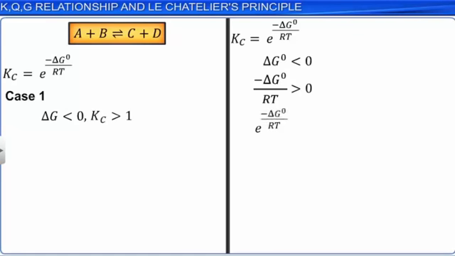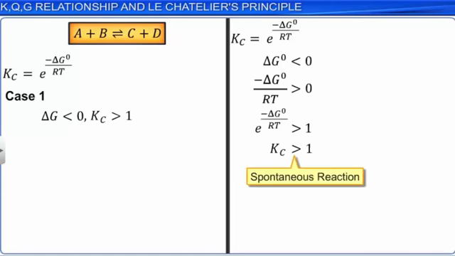This makes Kc greater than 1. It means that the reaction is spontaneous, or that the equilibrium composition strongly favors the products. In other words, the reaction proceeds in the forward direction to such an extent that it almost goes to completion.